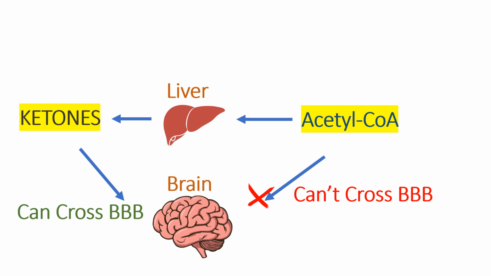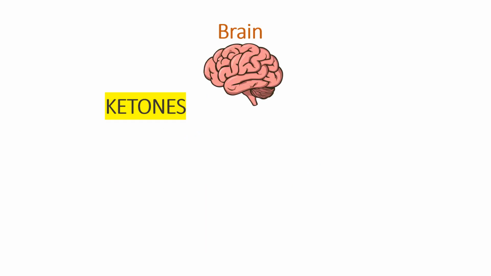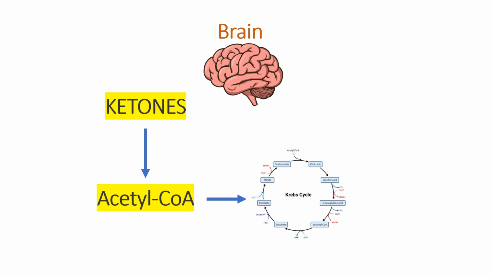That is the reason why your body has converted some of this acetyl-CoA in the liver to produce all these ketone bodies, so that these ketone bodies can cross the blood-brain barrier and they can supply energy to the brain. And in the brain, the ketone bodies can once again be converted back to acetyl-CoA and they can once again be sent inside the cell to the mitochondria for the Krebs cycle. And that is how the body is able to generate large amounts of ATP despite the absence of carbohydrates.